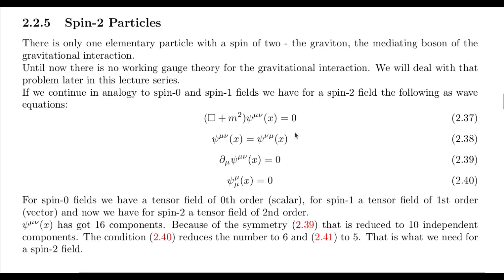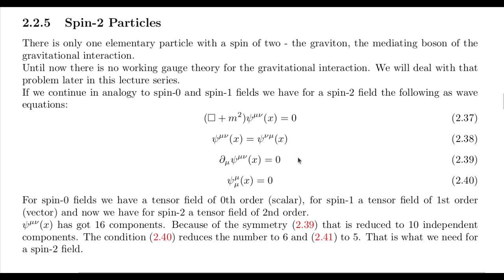But of course, because of the symmetry here, psi mu nu is the same as psi nu mu. We have only then 10 independent components in the tensor, and with the condition that this scalar product must vanish, in analogy to spin 1 particles, then we have instead of 10 only 6 independent components.